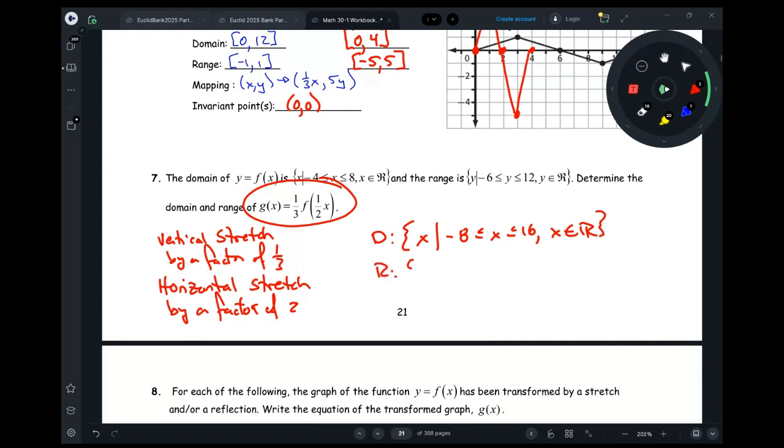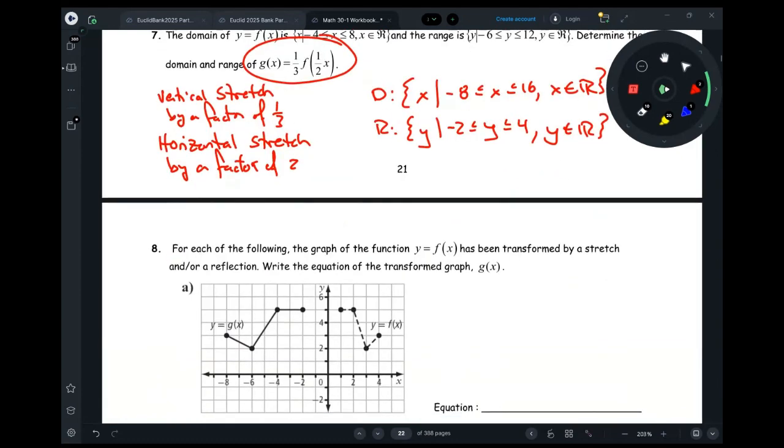For my range, it's the y coordinate, and the y coordinate is going to be multiplied by 1/3. So instead of negative 6 to 12, I'm going to get negative 2, whoops, not x, y, negative 2 out to 4. And again, I did the x there. That's weird. Where y is an element of the reals. Yeah. I think I said that we were dividing the range by 2. We're actually dividing by 3.